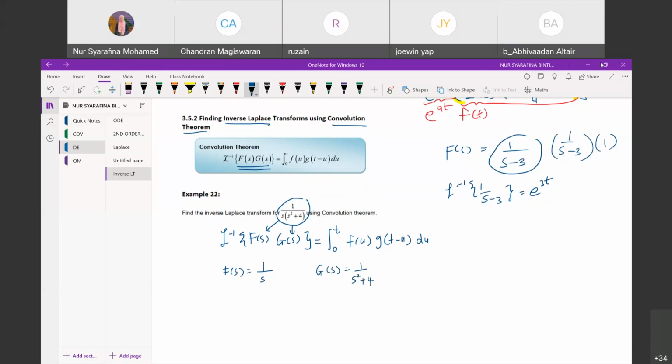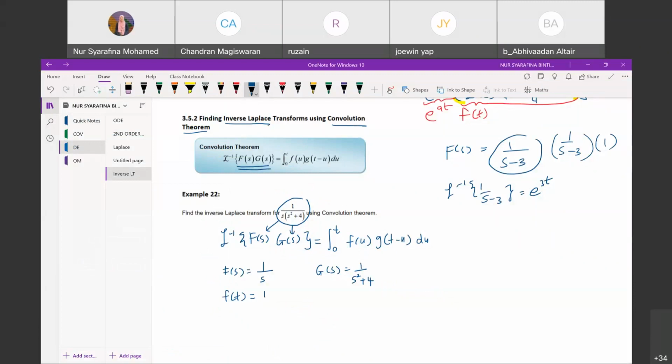This convolution theorem can be used with the condition of a combination of two functions, F(s) and G(s). F(s) for this example is 1 over s, and G(s) is 1 over s squared plus 4. From this F(s), you can inverse transform to get f(t). When F(s) is 1 over s, what is f(t)? f(t) equals 1, a constant.